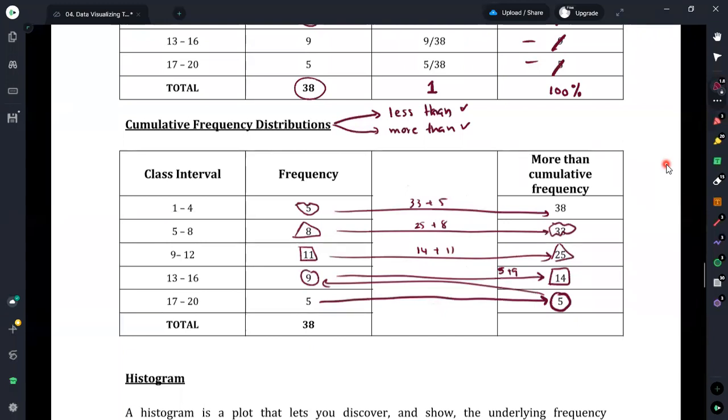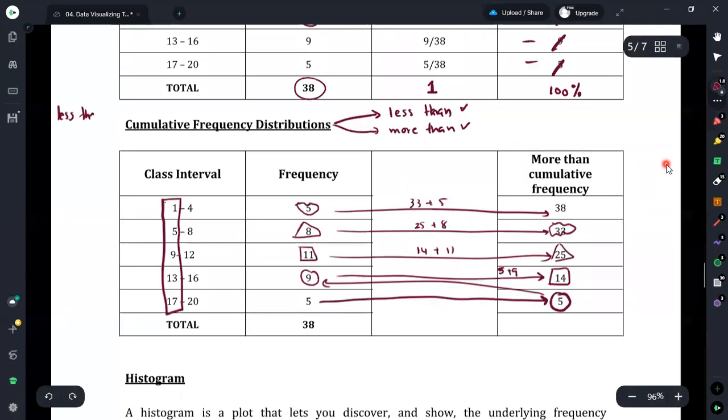And when we are interpreting this more than cumulative frequency, we have to use the lower class limit or the lower class boundary. To interpret the less than cumulative frequency, we are using the upper limit or the upper boundary.